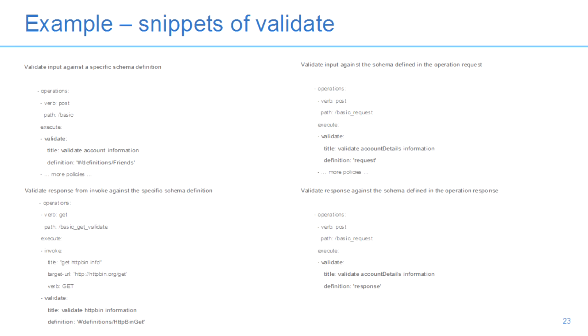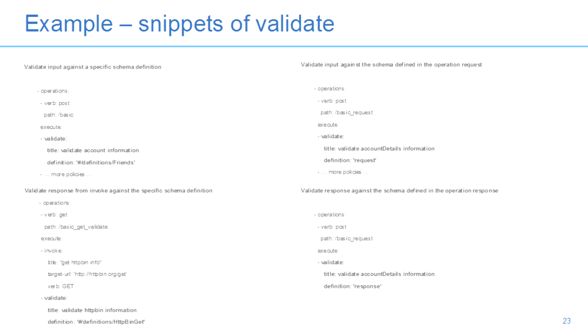So this was just showing, in these four sections, how you would validate against various schema definitions. Here there's a validate option within the Swagger that's going to use a specific schema to validate against, so it's going to use the definitions friends. On the right-hand side at the top, we're actually validating against the specific request, so it's going to get the request schema for that and validate against that.